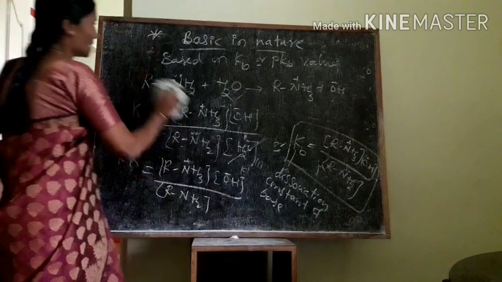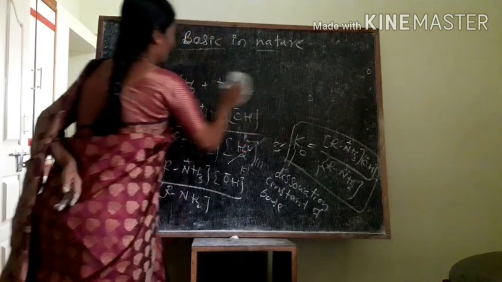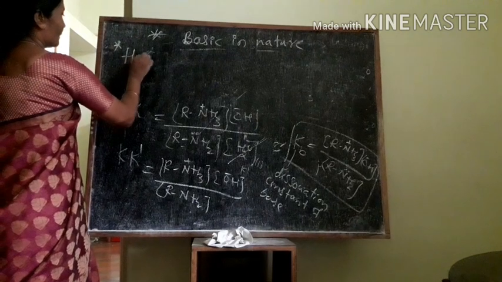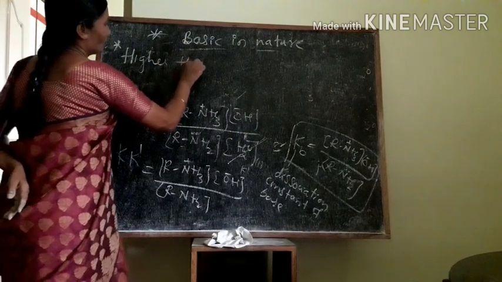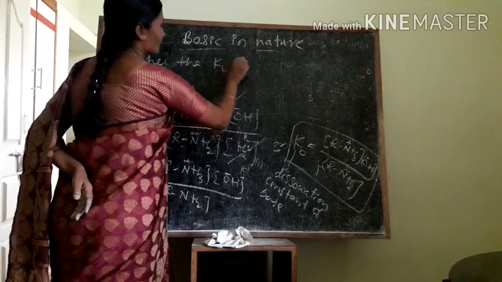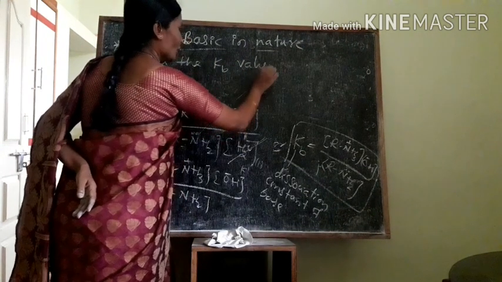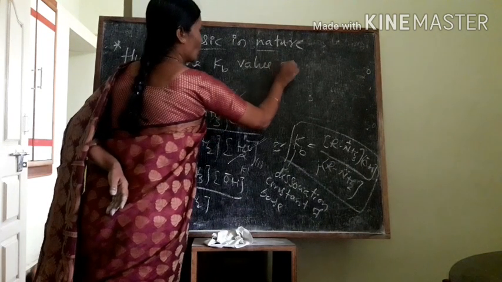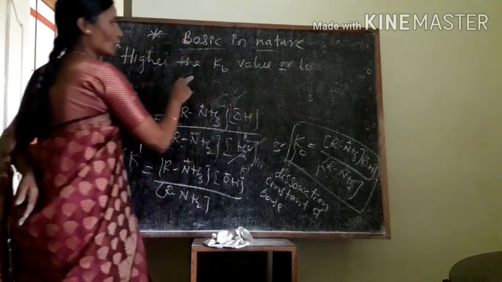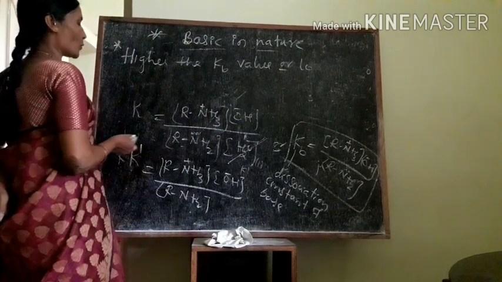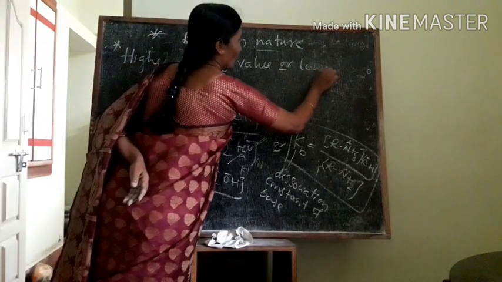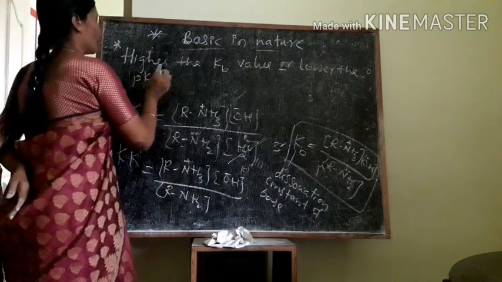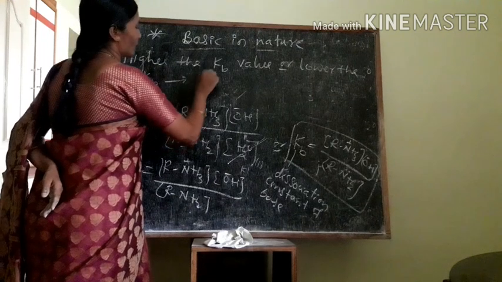You have to remember in this case: the higher the Kb value, the lower the pKb value. Kb and pKb are reciprocal to each other. The lower or smaller the pKb, the stronger the base.